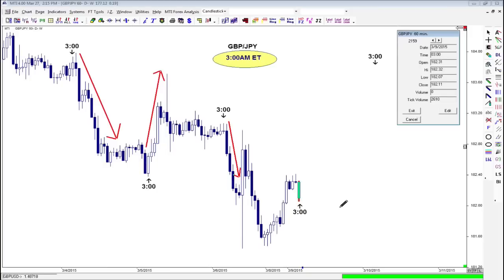Now, what I'm showing you here today is simply the strategy of how you can do this. In fact, you could take this strategy and use it on your own, starting on Monday morning. But I'll explain why it's important to get into our live market Forex sessions, because prior to the close of this 3 a.m. candle, our professional analysts in these live webinars are going to be looking over the market.